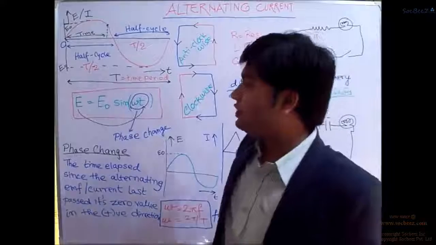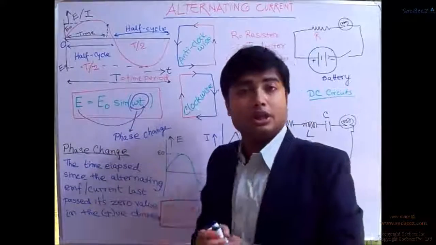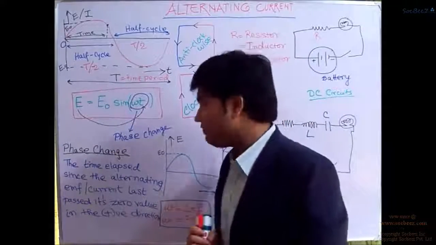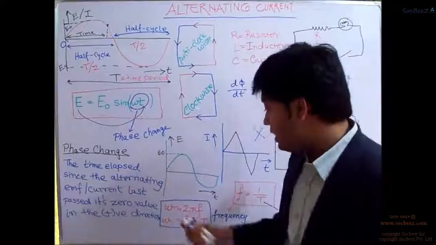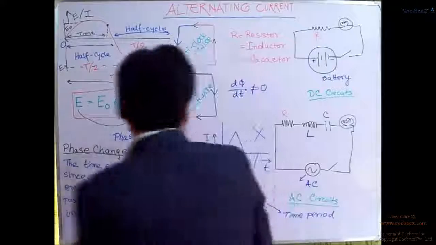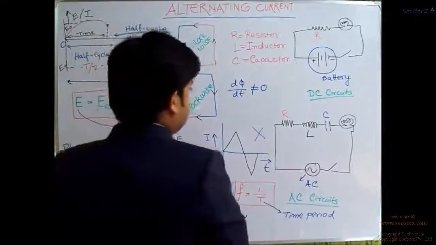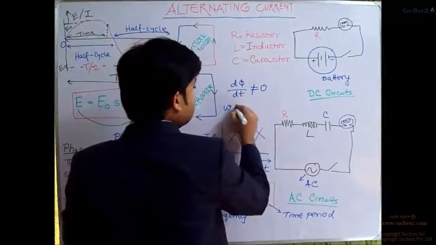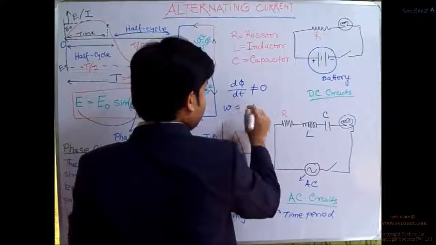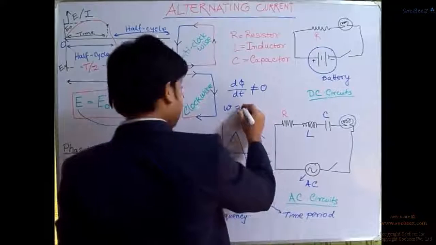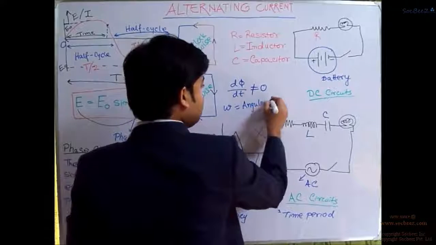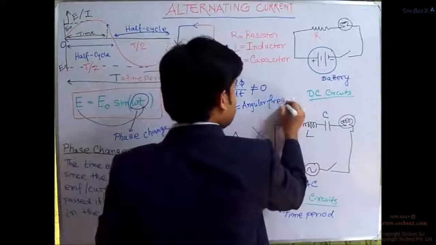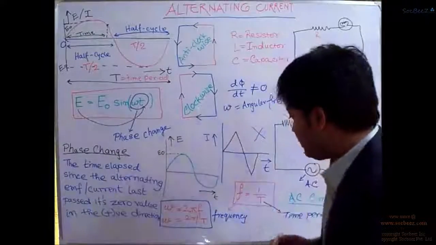And after that we have seen the equation of this alternating EMF, and through this phase change we have understood what omega is. The omega over here is not the alternating frequency, it is the angular frequency, as we have seen that small f is the frequency.